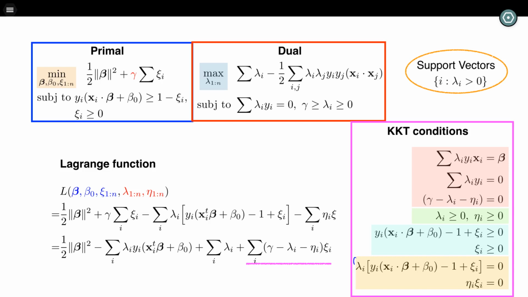Even if you look at your constraints, the eta i disappeared. We don't need the eta i's. Now the only thing is this one. The dual problem looks awfully similar to the original hard margin dual problem. The only difference is that previously we only required our lambda i's to be non-negative, but now lambda i's have an upper bound. It's because of this condition.